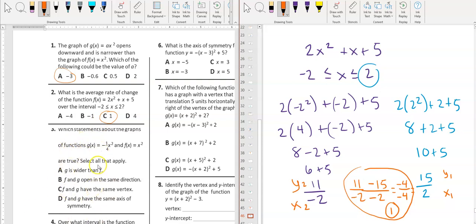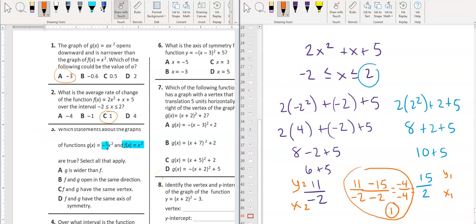Down here, we're starting to compare our graphs again. So remember, this one right here is our parent function, okay? That's our normal one. The only thing that's changing again is a, okay? The negative means that I'm facing down.